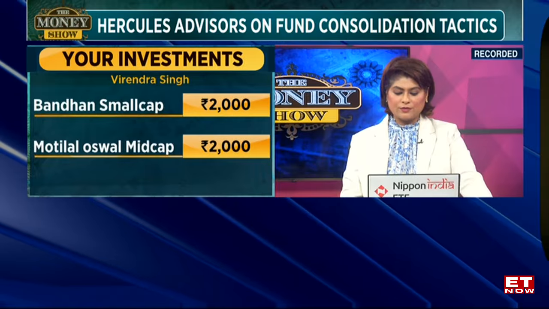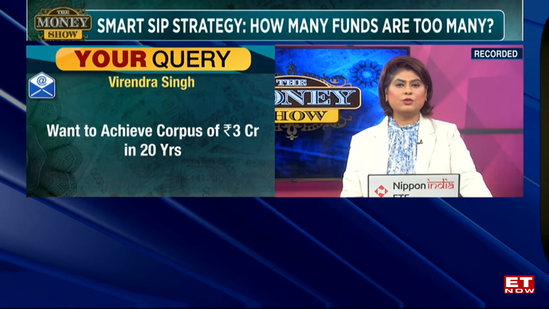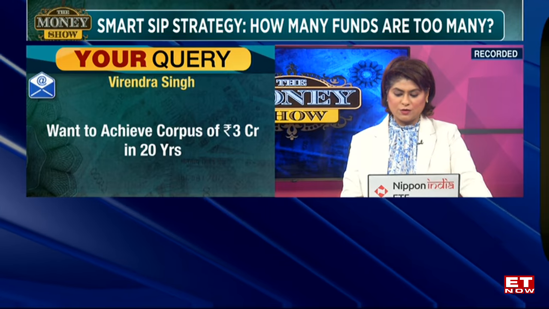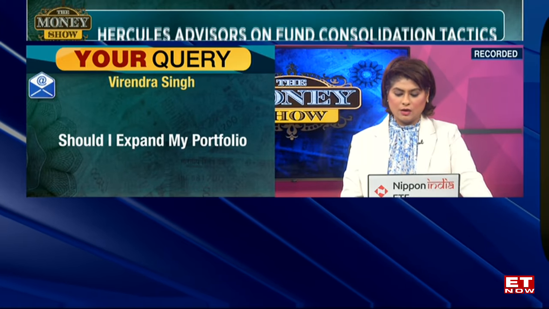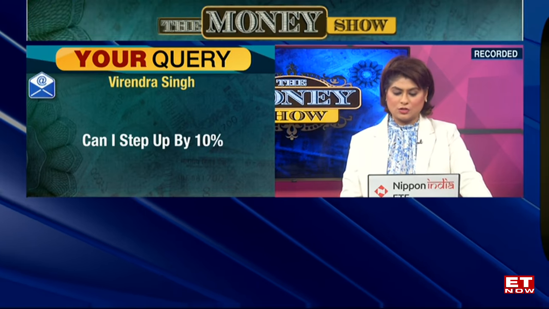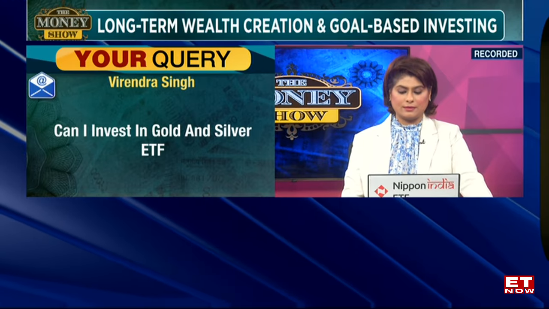He wants to invest for 20 years, and just a year back he began his investment, and he will be doing a 10% step up also in these funds. He wants to know how he can accumulate 3 CR via this portfolio, and whether any other addition needs to be done. He also wants to add a gold and silver ETF. So he wants to know how he can go about it.